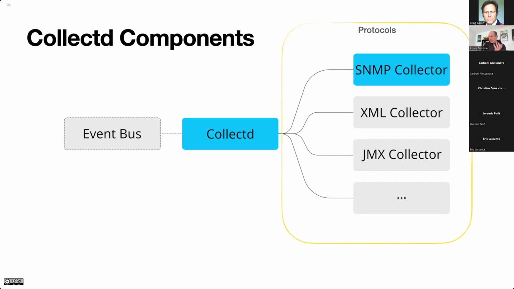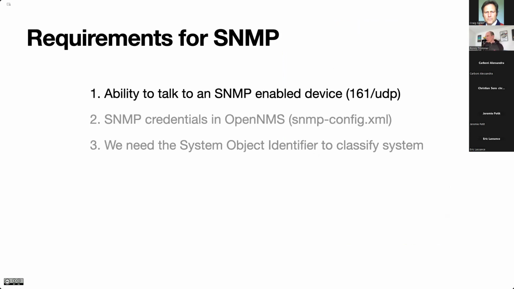So the exercise today is all about SNMP for now. What do we need to make SNMP work? First of all, we need the ability to talk to an SNMP-enabled device. SNMP is an agent running on a device.